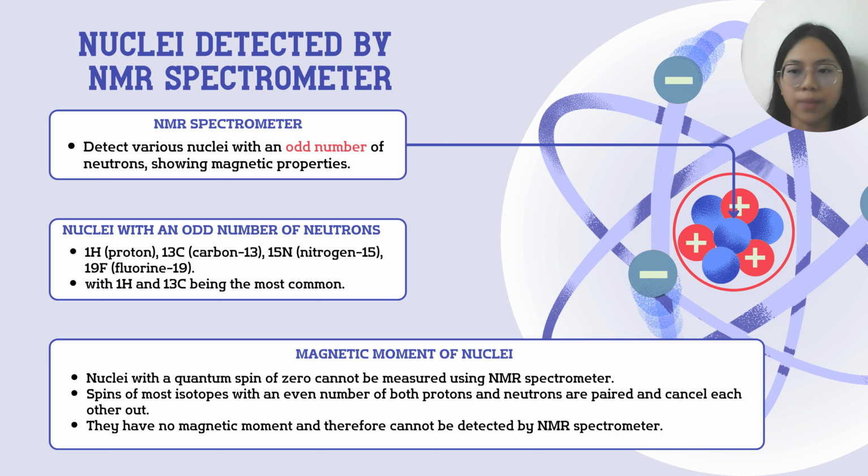NMR works because of the magnetic moment of certain nuclei. Therefore, nuclei with a quantum spin of 0 cannot be measured using NMR. This is because the spins of most isotopes with an even number of both protons and neutrons are paired and cancel each other out. They have no magnetic moment and therefore cannot be detected by an NMR spectrometer.